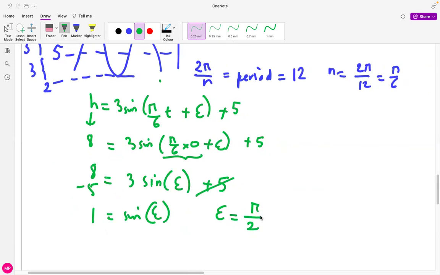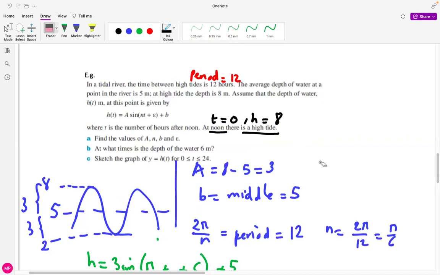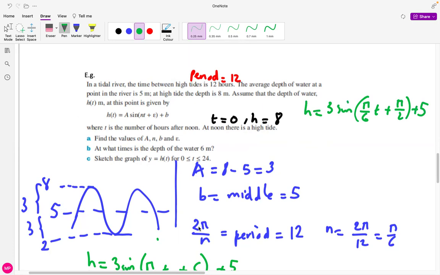Okay. All right. So now we have the equation. So now what's our equation? H equal A is 3 sin of pi over 6t plus epsilon is pi over 2 plus 5. Right. Now, at what time is the depth of the water 6 meters?